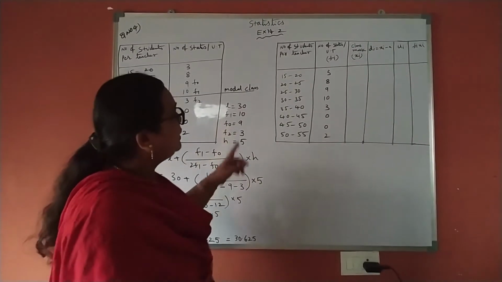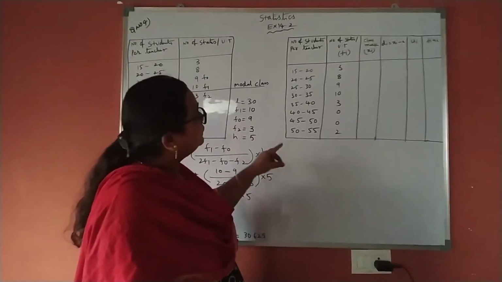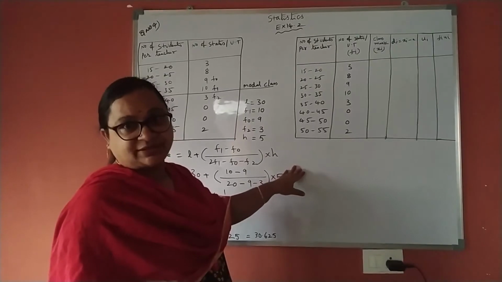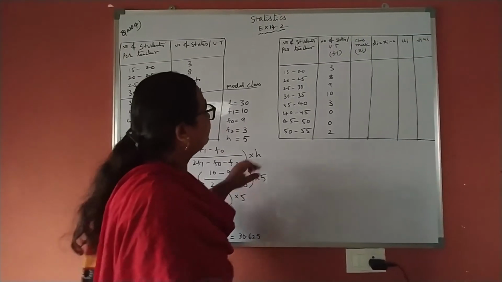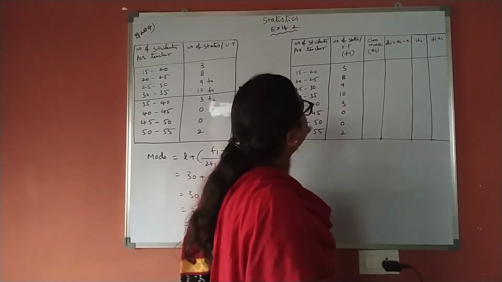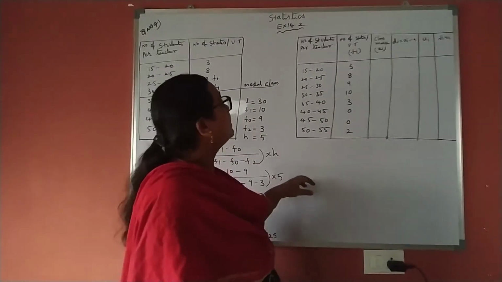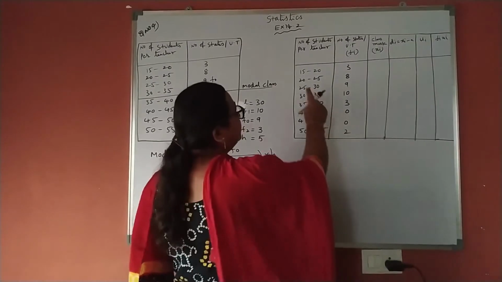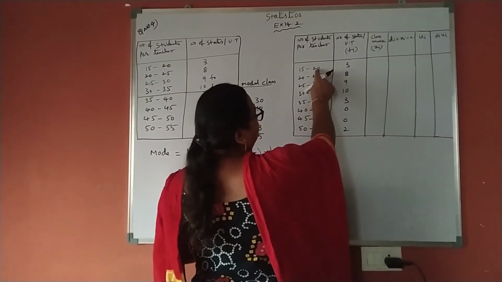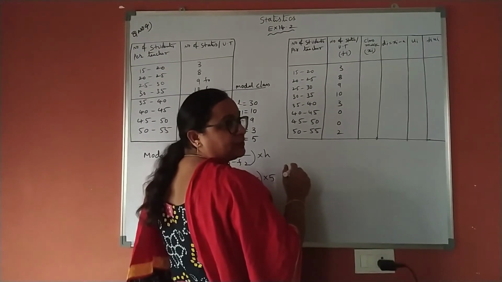Now we will find mean of this data. So we use step deviation method for finding mean. For that, we need to find class mark. Class mark is nothing but average of upper class limit and lower class limit. So here 15 plus 20 by 2, that is 35 by 2.